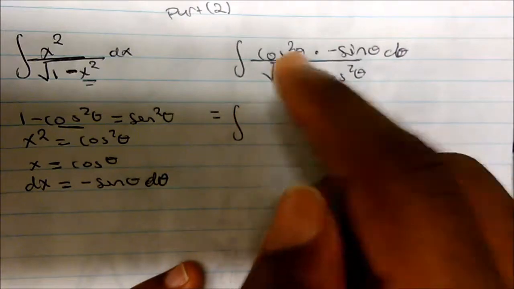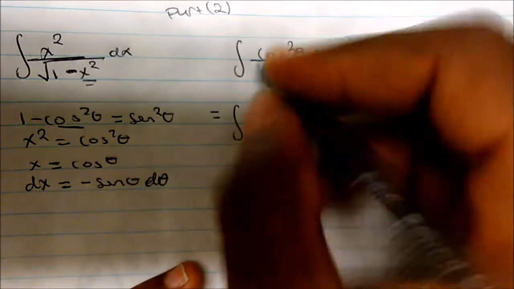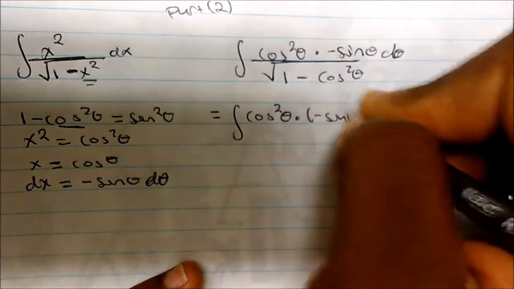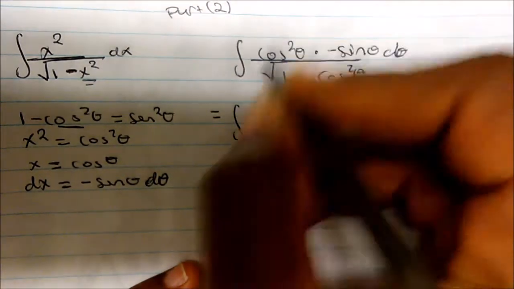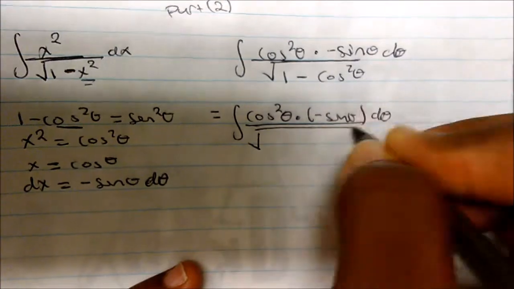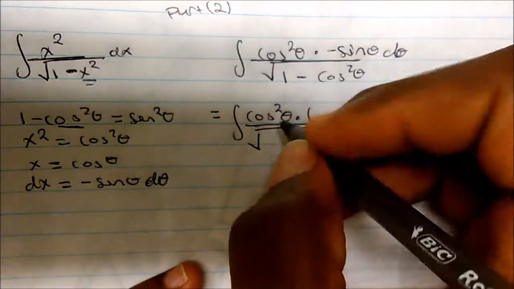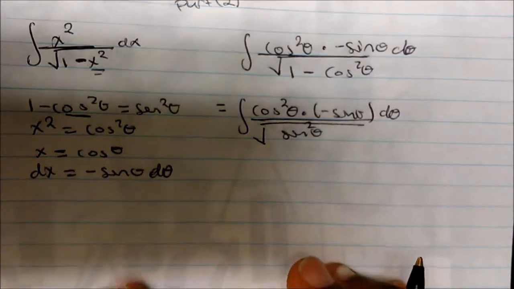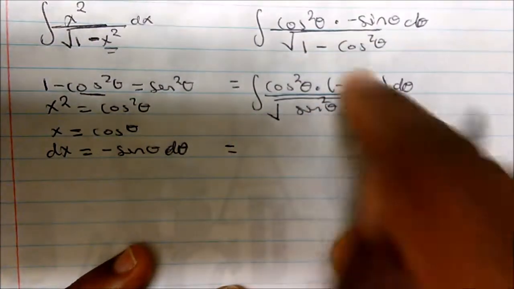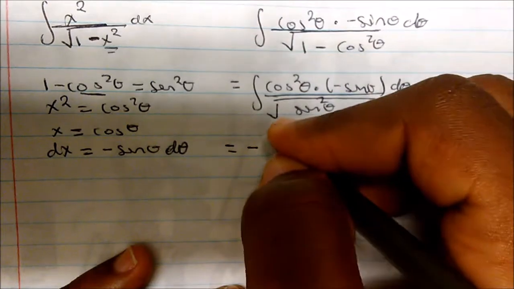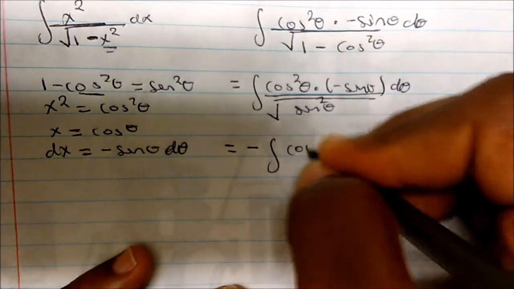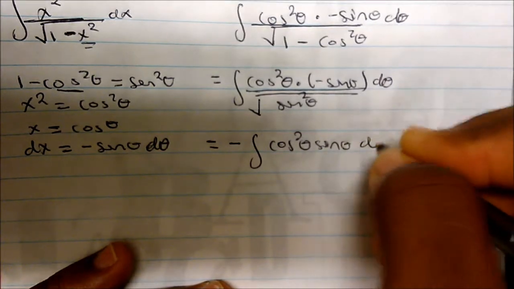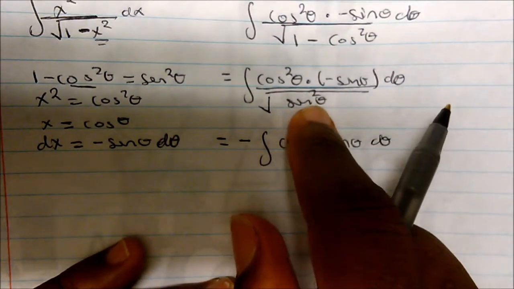Now if we continue, this becomes cosine squared of theta times negative sine of theta d theta. And what's my identity here? 1 minus cosine squared of theta is sine squared of theta under my square root. I could factor a negative out. What's the square root of sine squared of theta?